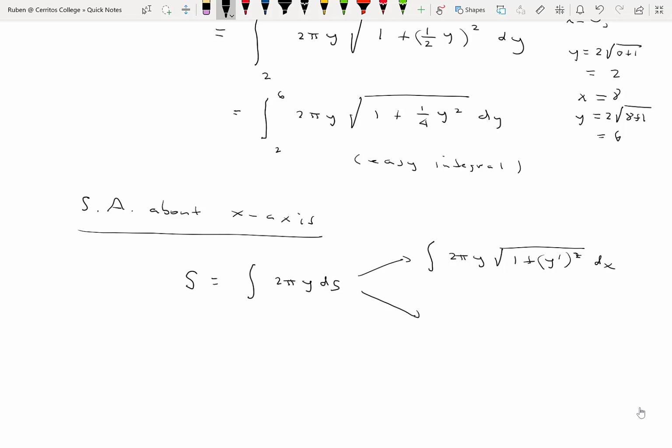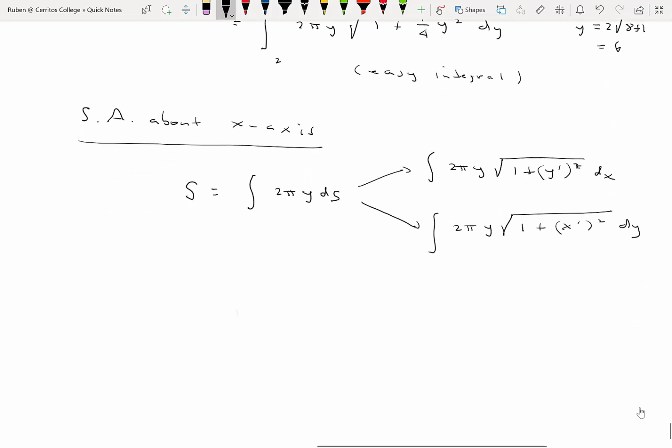Or 2 pi y times the square root of 1 plus x prime squared with respect to y, and we make no substitution in a 2 pi y. We integrate that as part of the integral.